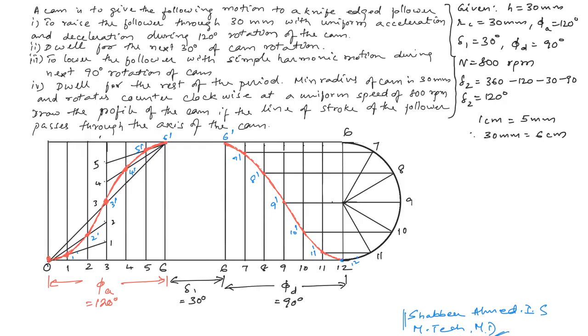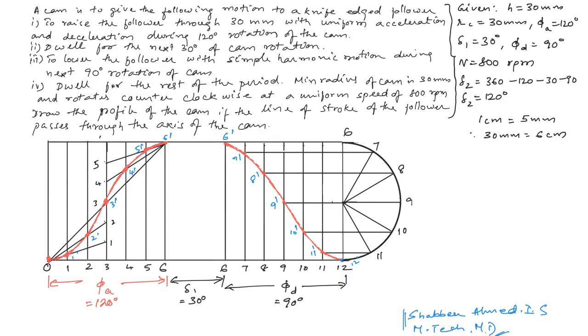So these are the distances, 1 to 1 dash, 2 to 2 dash, 3 to 3 dash, and so on. Similarly here 6 dash, 7 dash, 8 dash, 9, 10, 11 dash. These distances we have to transfer to the cam profile.